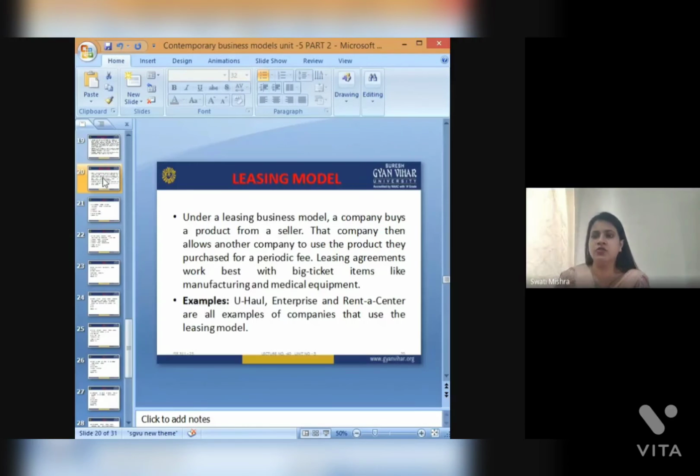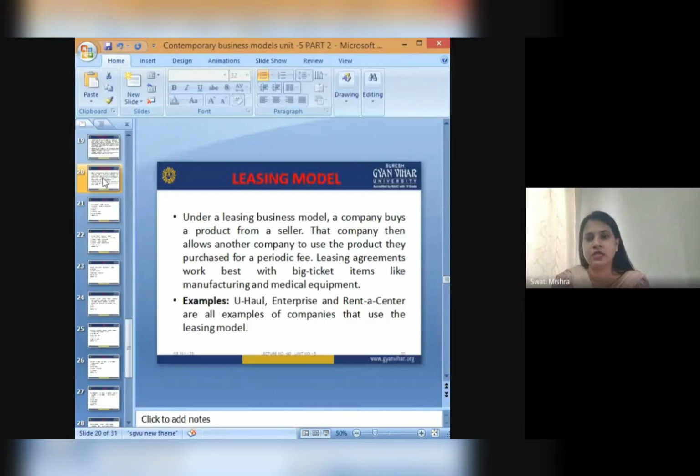Okay, so U-Haul and Rent-A-Center and all these are examples of the companies that use this leasing type of business model. So with this, we have almost come to an end of today's discussion.